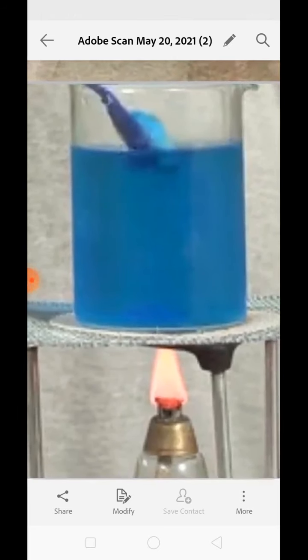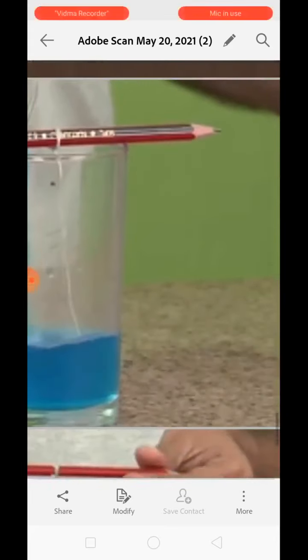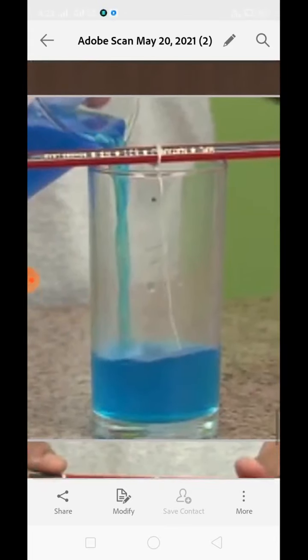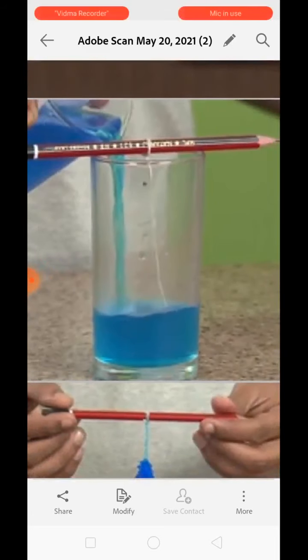Then we will filter this solution with the help of filter paper to remove all the lumps, and then we will pour it into another glass which has a thread hanging inside, so that crystals can get deposited on this thread.